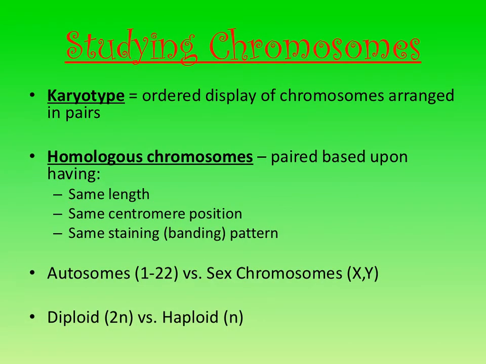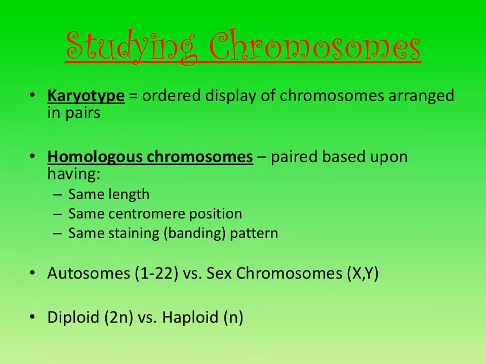A couple other terms. A karyotype is basically a display or an image of all of the chromosomes in pairs. Those of you who did biomed, you looked at karyotypes in there. Freshman year, we look at them briefly, but this is just a good way to visualize the chromosomes, and we'll see these again throughout our next couple of units.